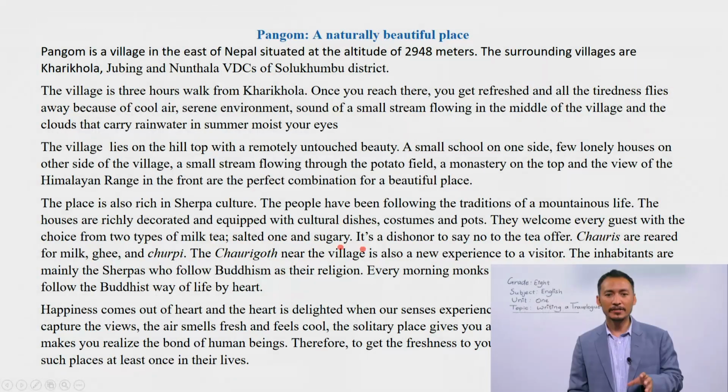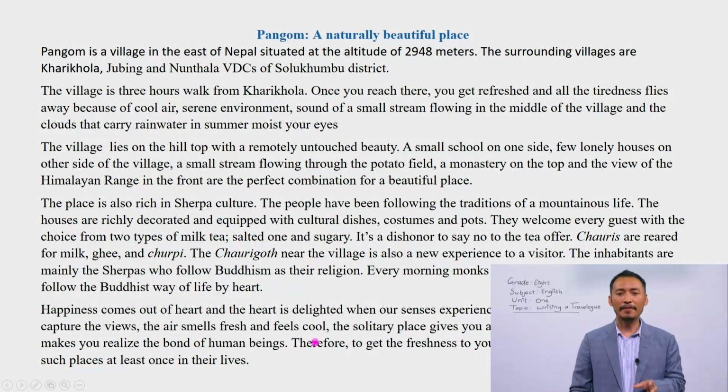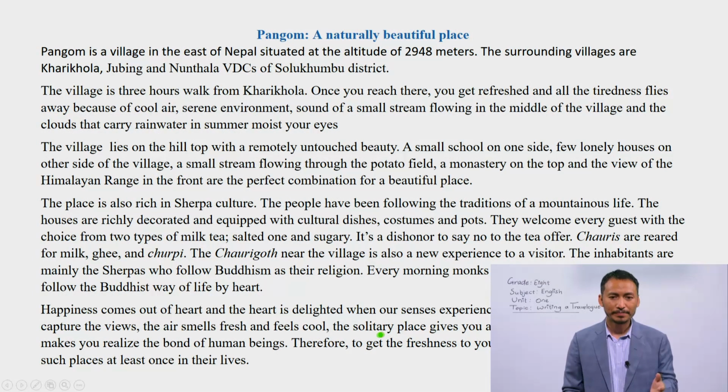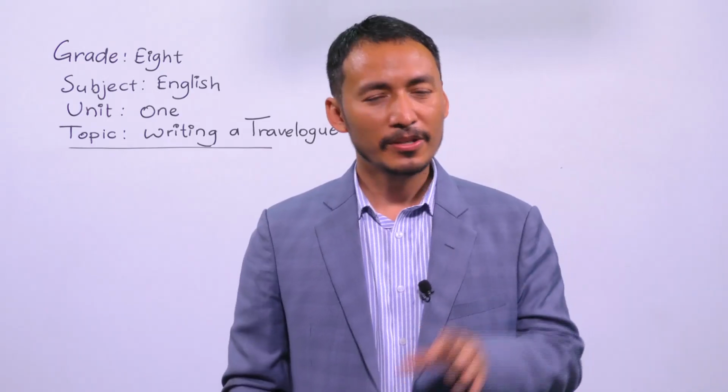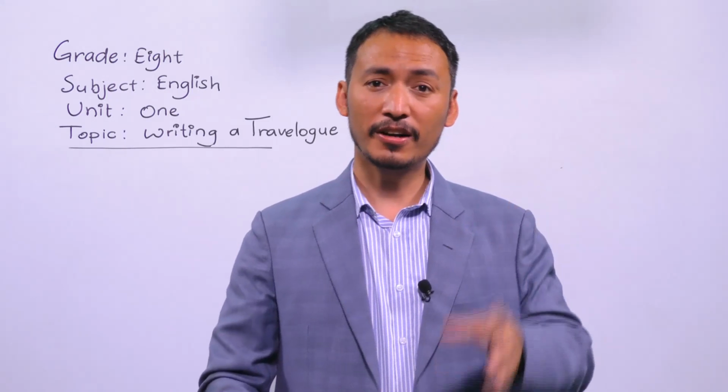I have talked about the people and their lifestyle, their religion, okay? And finally, I have talked about how I feel and what I want to say to the readers or other audience. So let's see its structure again.